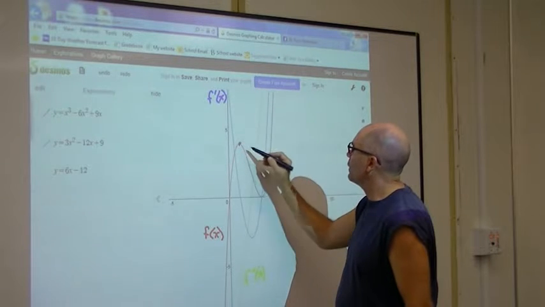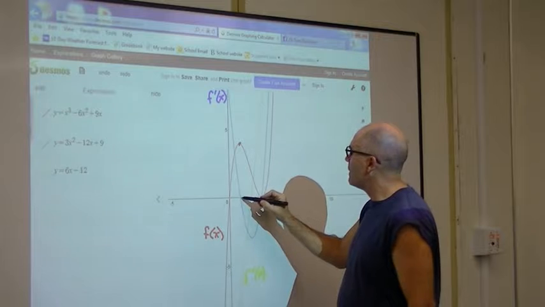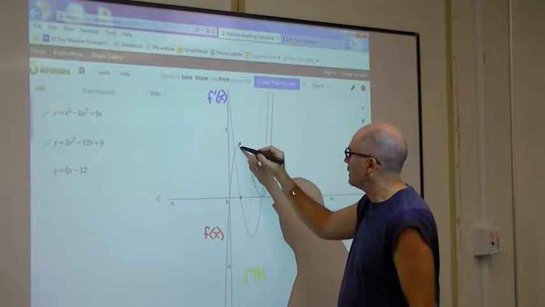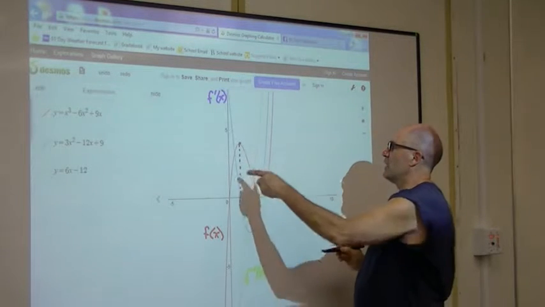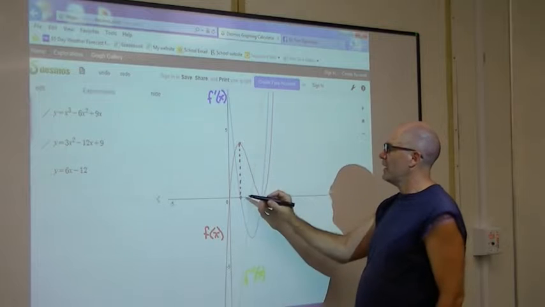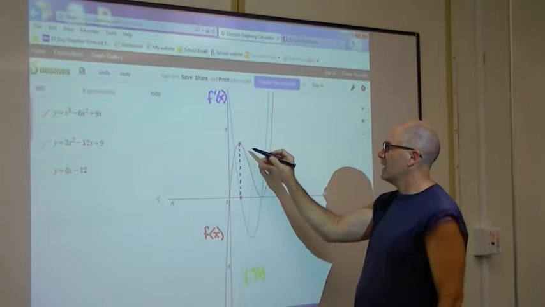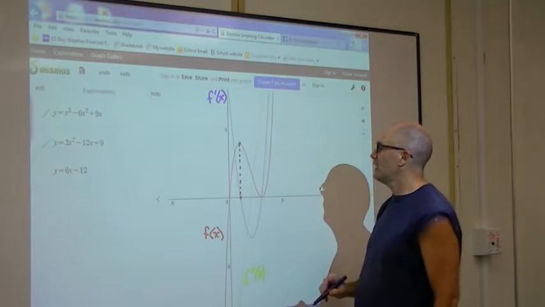Now that's a point where the slope is 0. Well, that means my f prime of x should be right on the x-axis, and it is. If I just go straight down from there, then the derivative of the red is the blue. The slope being 0 means that my derivative is 0.